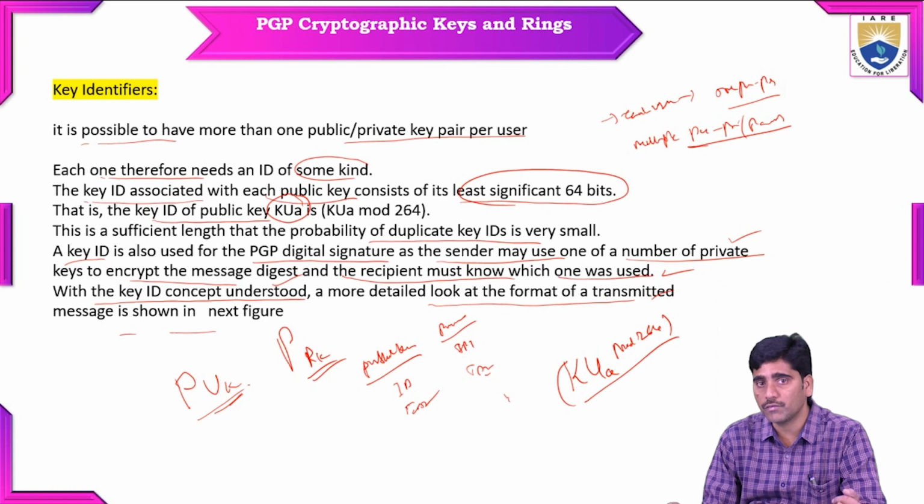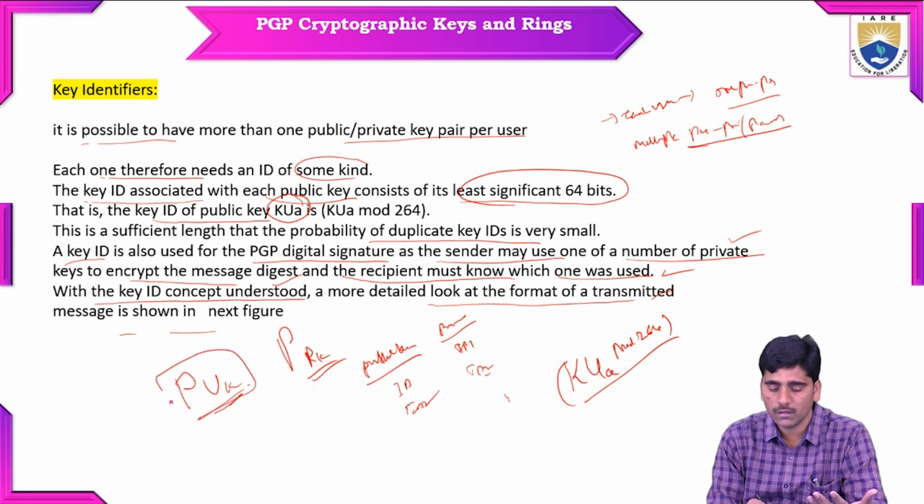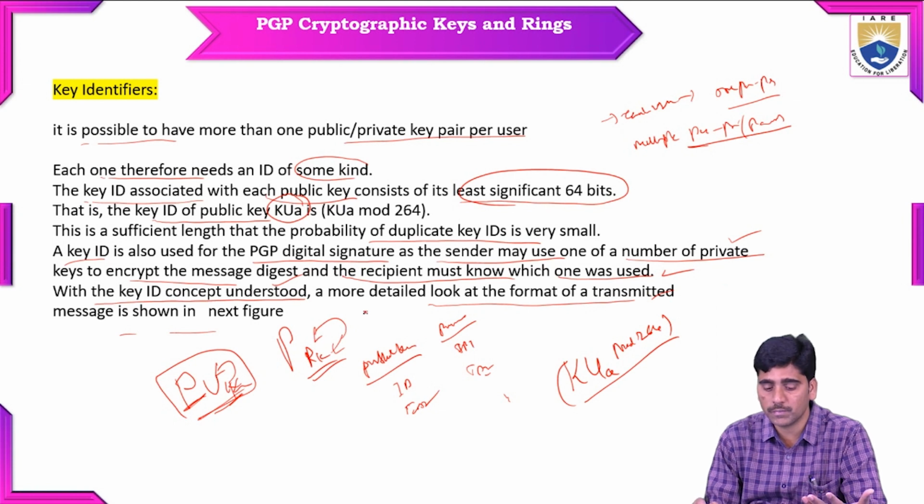Next, key identifiers. The generated public and private keys maintain IDs for those keys. The public key ID identifies the key used by the user as public, PUK, and the key used as private is PRK.